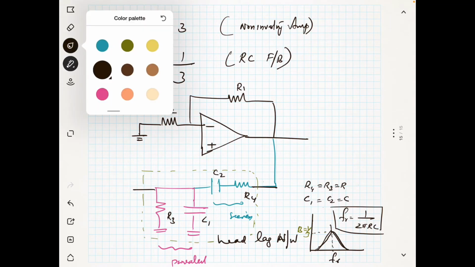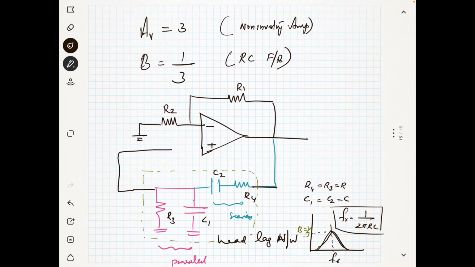Now, we will connect this part as the input to the amplifier, and this is your V out. This oscillator is known as the Wien bridge oscillator.